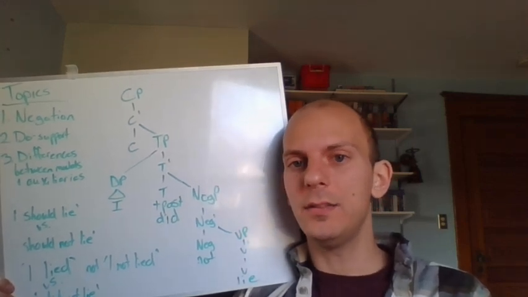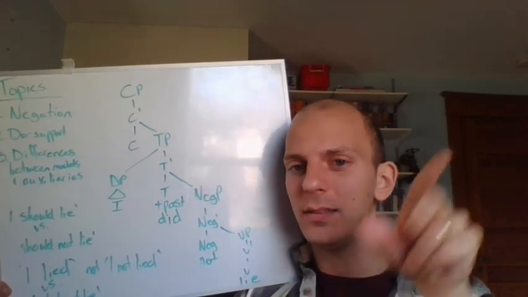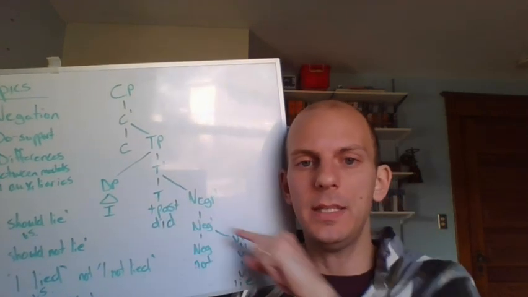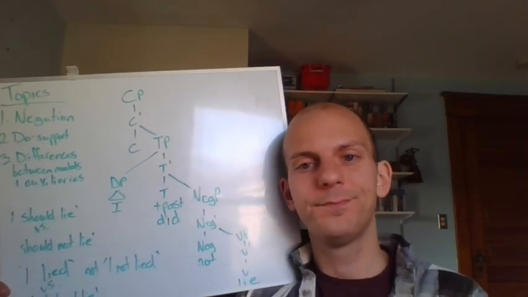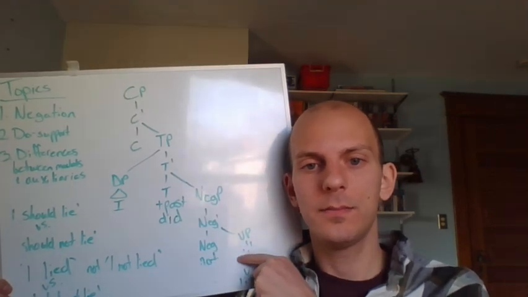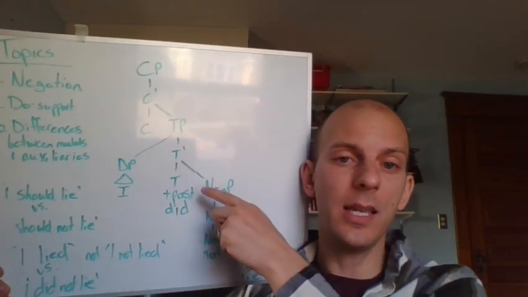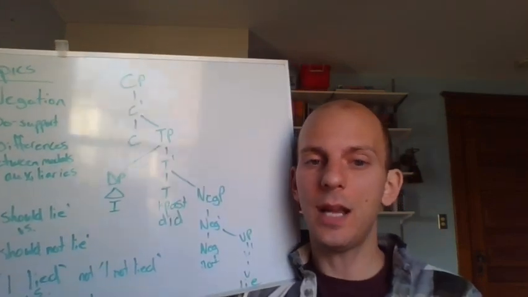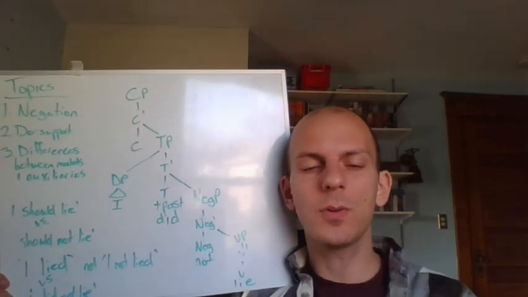"I often ran," where ran is past tense, and the often isn't blocking the past tense. I often run, I often ran. So normal adverbs don't block this, but negation does. Some evidence that negation's not just a normal adverbial, it's actually its own central thing.